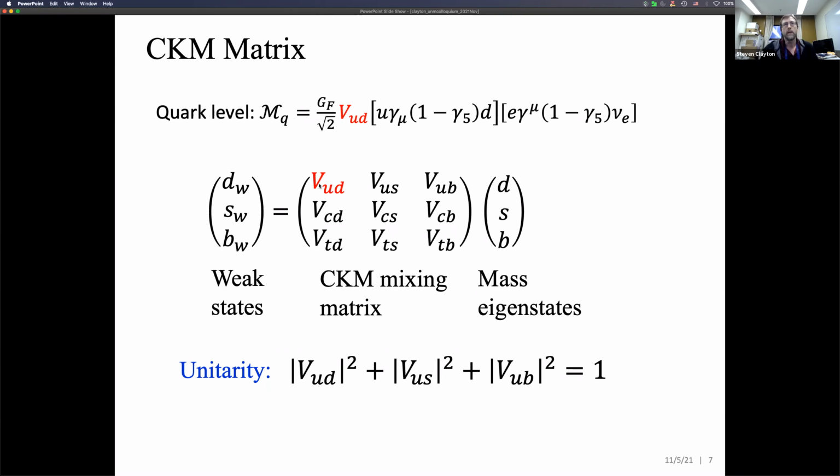So that has to be put in to make this correct. And one property of this sort of rotation is that the sum of the squares of any of these rows or columns has to be 1, and that's an expression of unitarity. As a result of unitarity, that will figure into tests that we could do using our neutron observables.